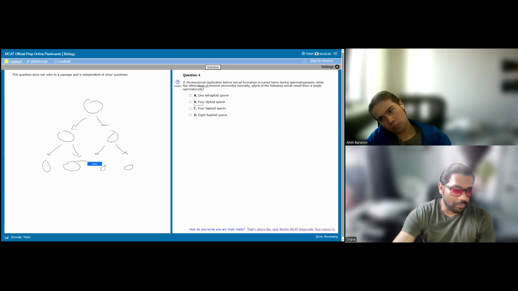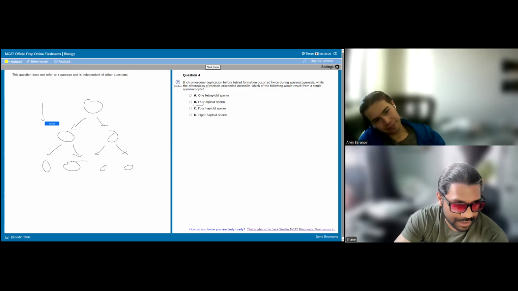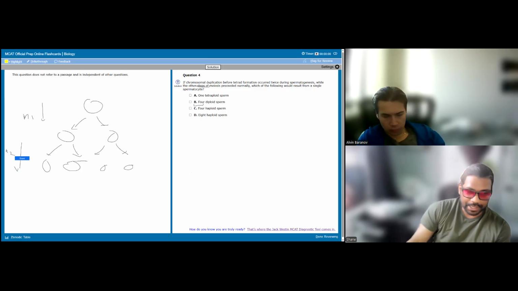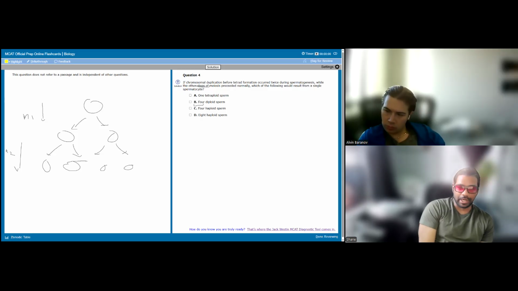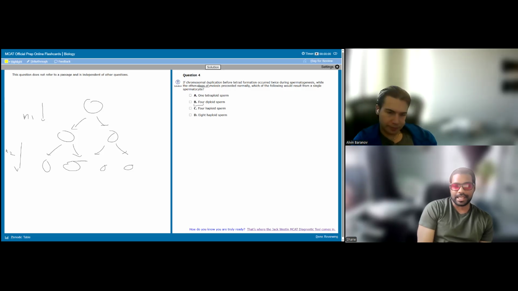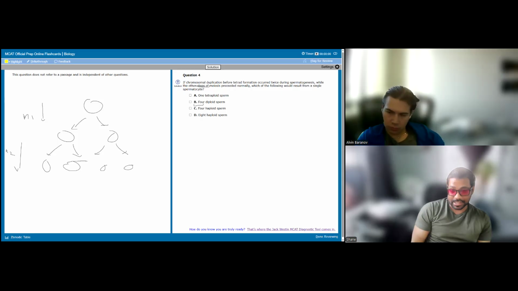This is meiosis one, this is meiosis two. Since everything else is working properly, you're still going to end up with four. It's just that the only thing that's different is that the DNA got doubled twice.